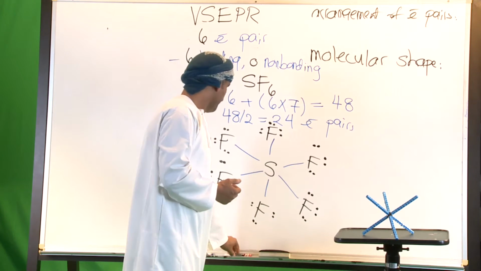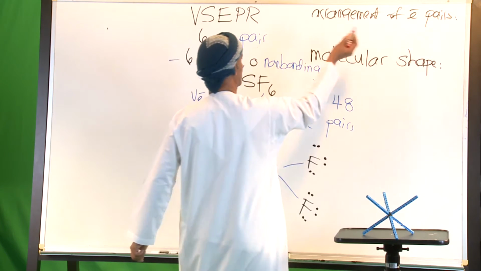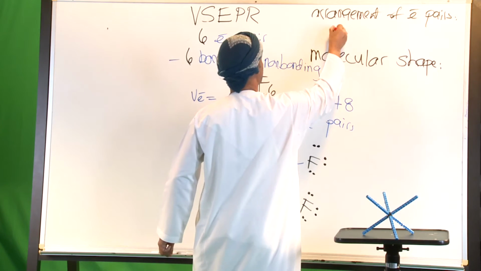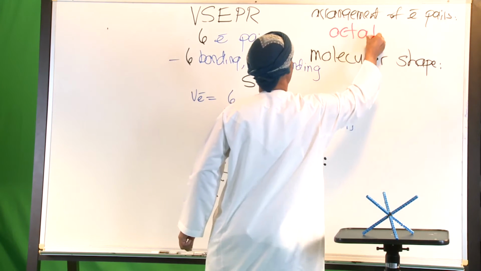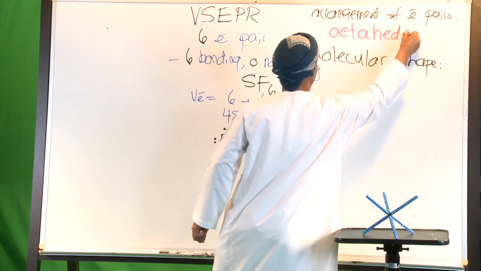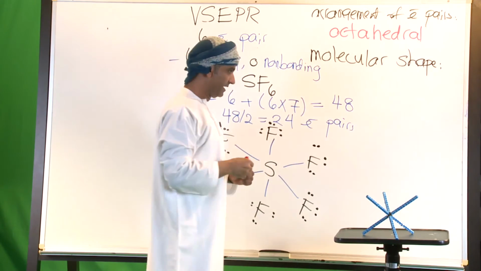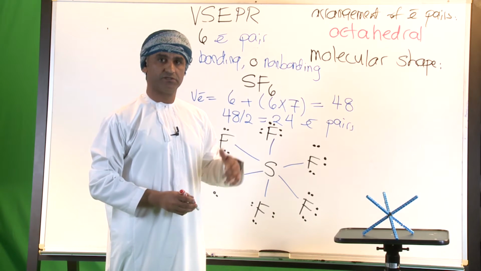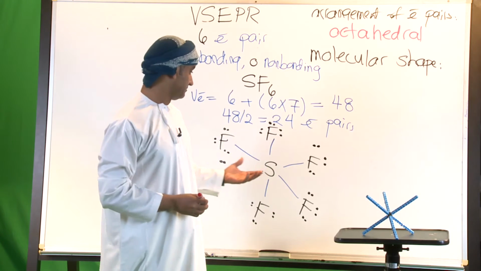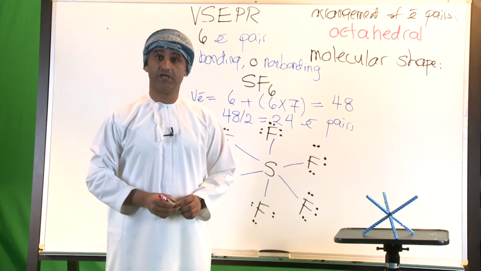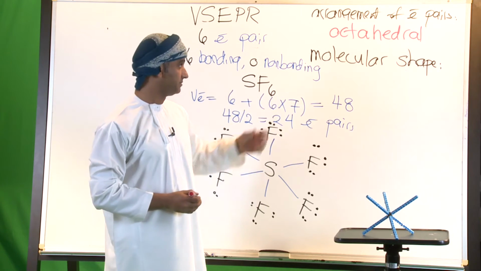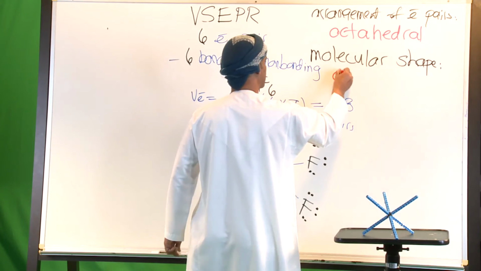So the orbital shape, or arrangement of electron pairs, is octahedral. Now for the molecular shape, it should be the same, because there are no lone pairs on the central sulfur atom. So the molecular shape should also be octahedral.